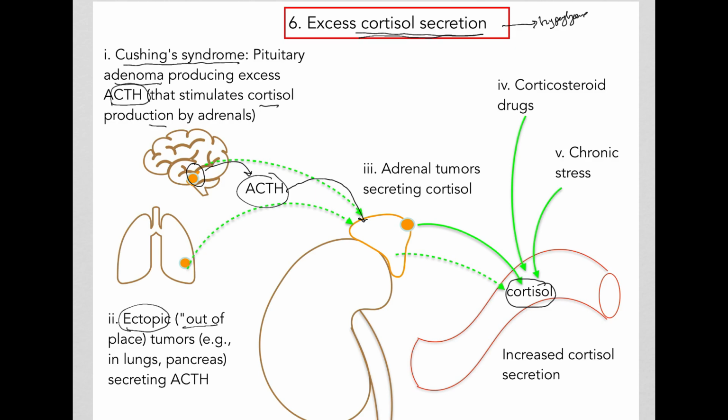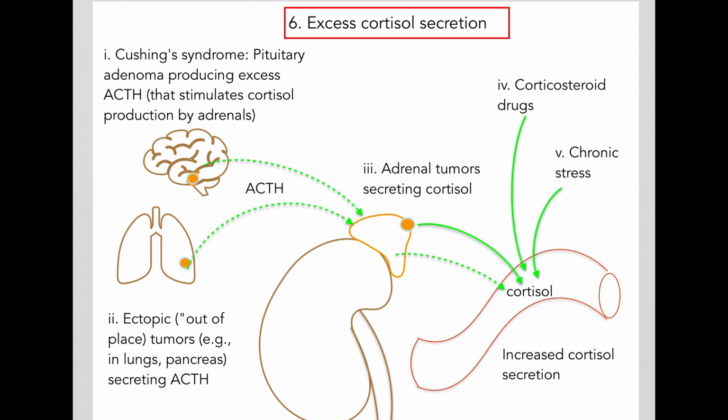Ectopic means out of place. So these tumors, for example, might be found in the lungs, and lungs is not a place where you see ACTH being secreted. Okay, ACTH comes from the pituitary gland, but these tumors in the lungs are also making ACTH, ectopic tumor. And this ACTH, once again, will go to the adrenal cortex and it will stimulate the secretion of cortisol.